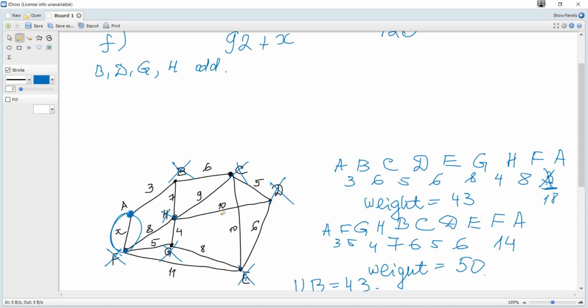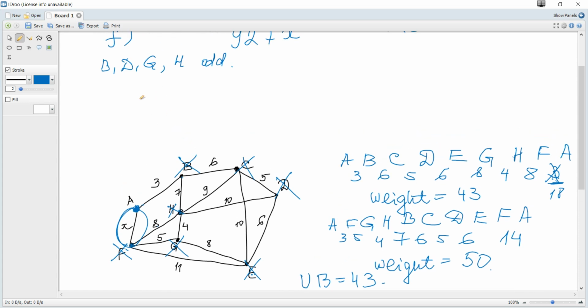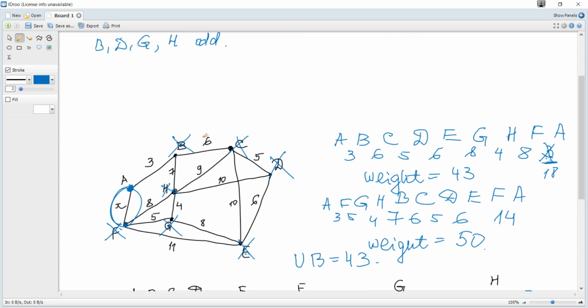To make this graph Eulerian, we add edges so that B, D, G, H become of even degree, and the new graph will contain an Eulerian circuit. But in fact, some edges will be visited twice.